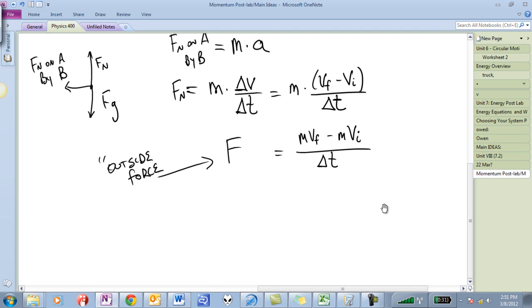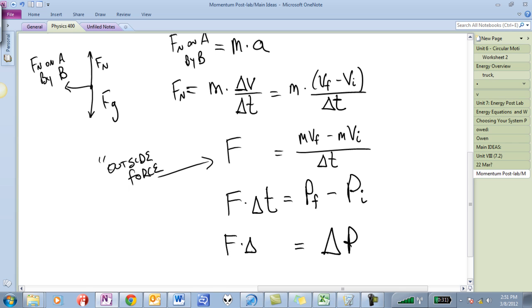And so what we can now write is F times delta T is equal to MVf, which is Pf, and MVi, which is going to be Pi.